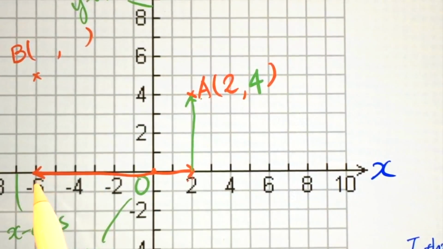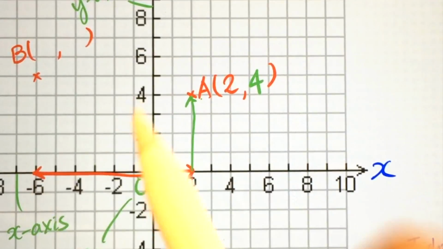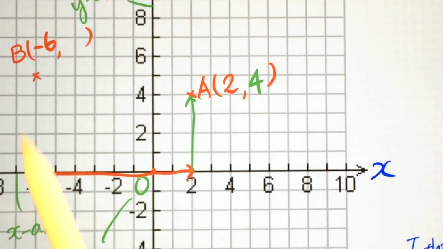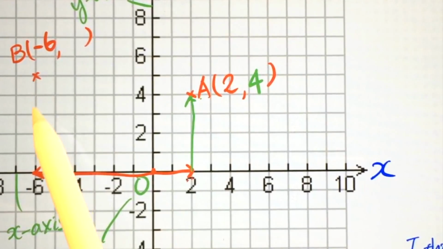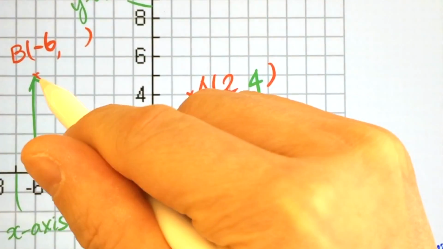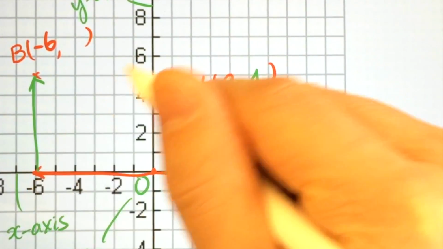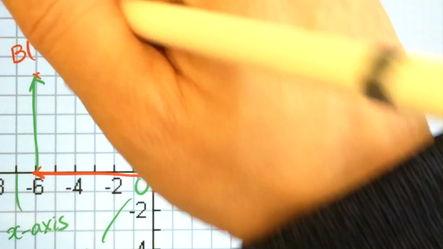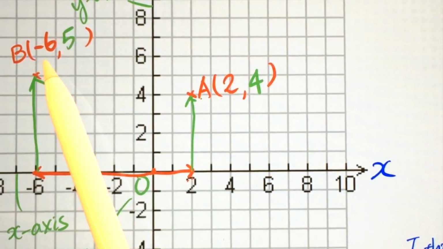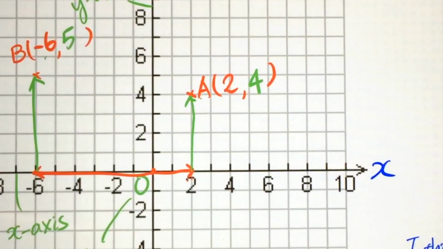But this time, we move to the left-hand side, so we have -6. Then we move upwards to reach point B. So we have 5 units here. So the coordinates of point B will be (-6, 5).